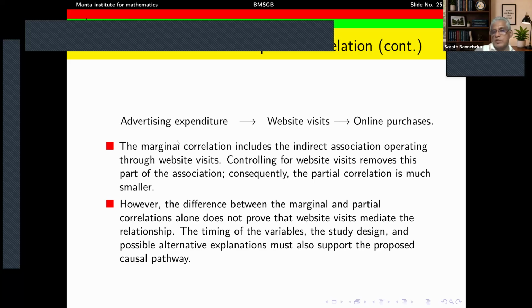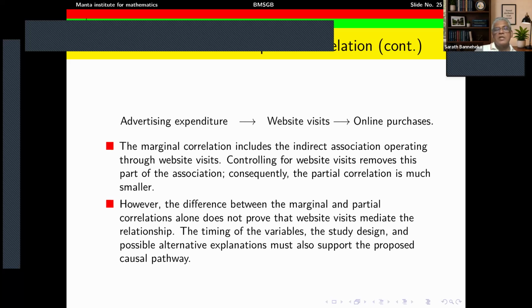So we cannot say there is causation here, that the number of website hits is directly increased by this one and this is directly increased by that one. We cannot say that from this observational study, but there seems to be some mediating association, right? This variable is acting as a mediator between these two variables.